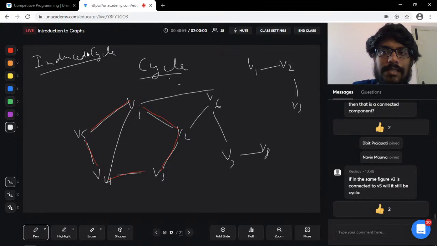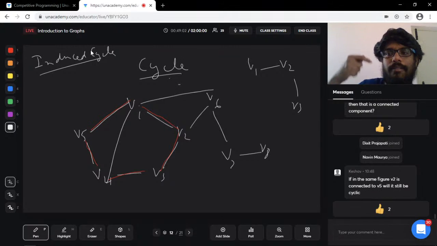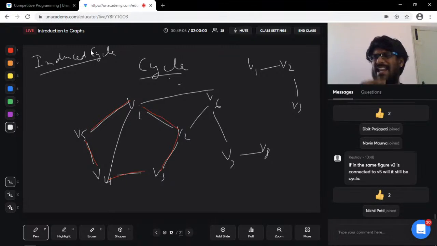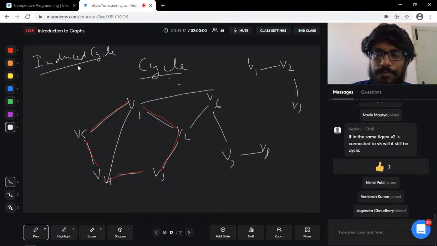An induced cycle is a cycle which doesn't have these internal chords. But I'll not get into details of that. Just Google induced cycle and you'll get the answer to that. You're basically asking for a stronger version of a cycle, which I don't want to introduce right now, but that's basically what it is.